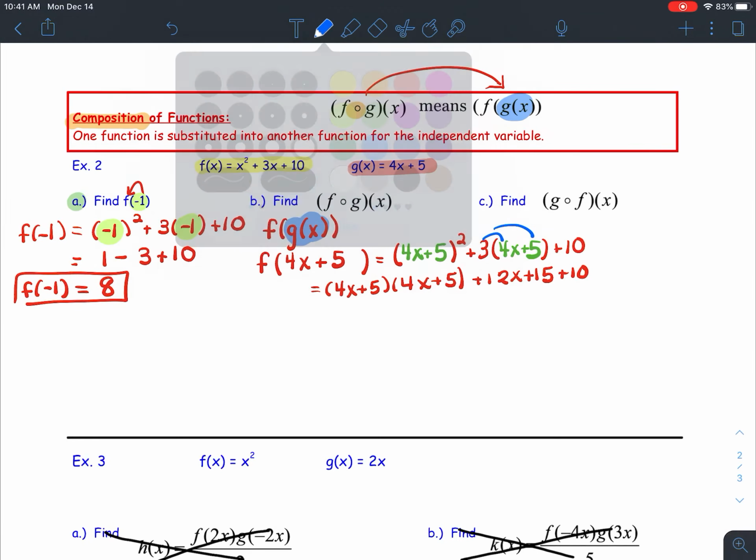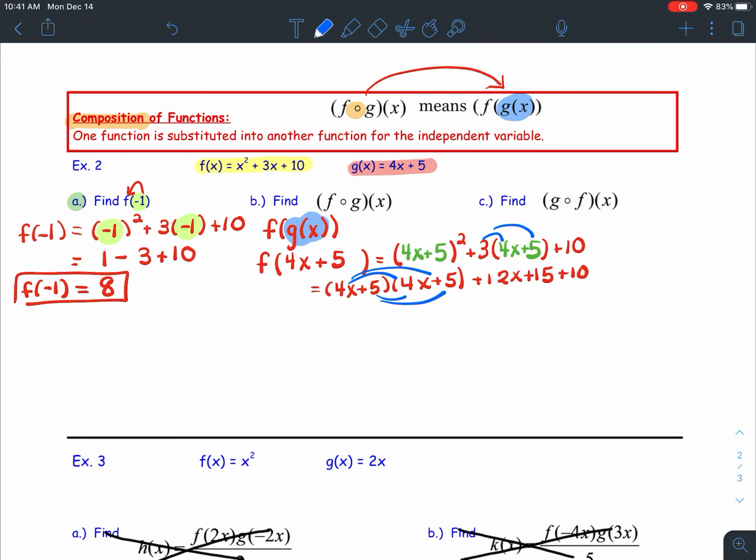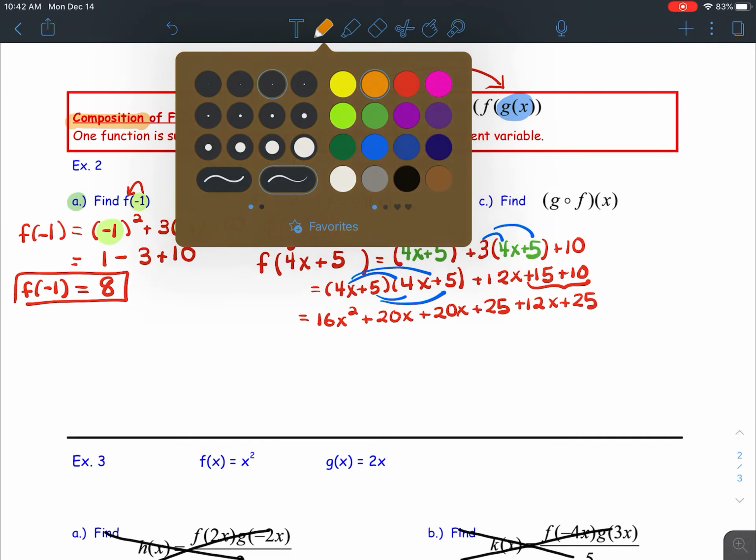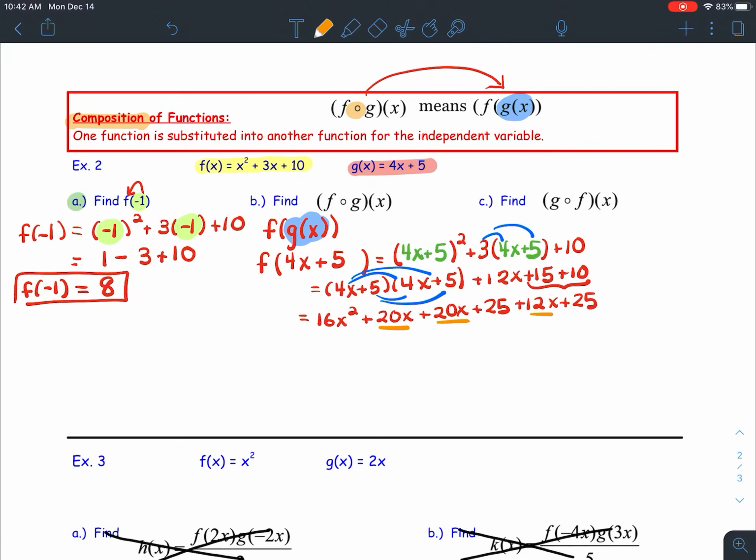And then let's go ahead and double back, and we'll actually do the foiling here from writing this quantity out twice. So we get 16x squared plus 20x plus another 20x plus 25. And then I'm just copying down this extra stuff here. I might go ahead and combine these two constants at the end to make that a 25. Okay, let's underline things here that we could combine together. These are our like terms.